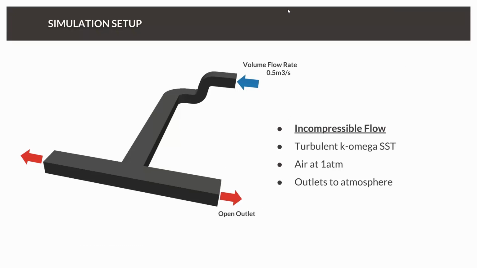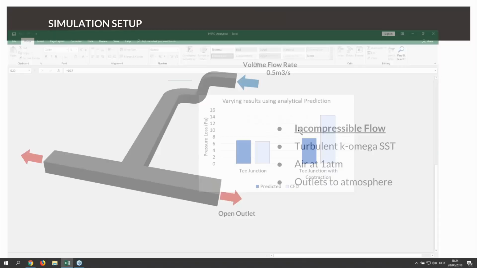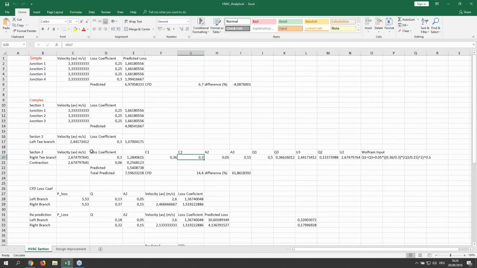And first of all, let's take a look at how these problems are treated traditionally. So in this spreadsheet we have prepared a calculation of the pressure loss for that system based on the loss factors provided by the manufacturer.